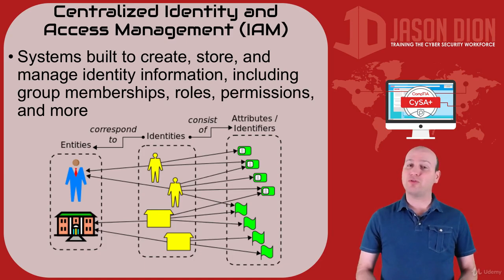And everybody has their own username and password that can log onto any computer in the office that ties into that domain. These systems are built to create, store, and manage identity information. This can include your group memberships, your roles, your permissions, and all of those identity attributes that we talked about before. Remember, each individual has multiple identity attributes, and each entity, like an organization, can have multiple identities underneath it.